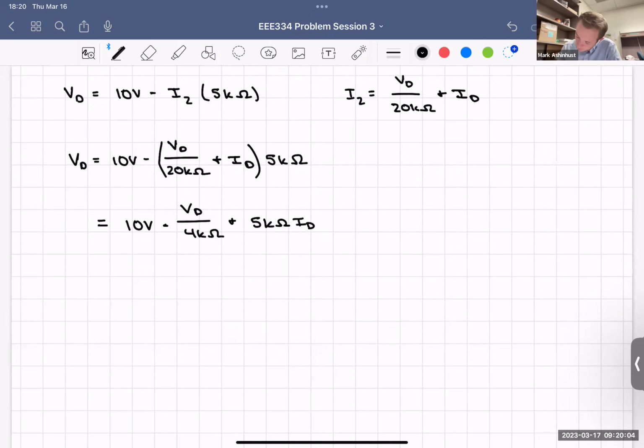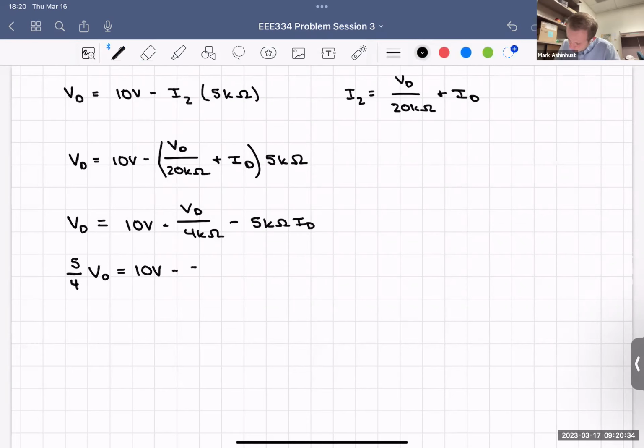Awesome. And now we can solve for VD. You can choose what you want to do. I will just add the VD over 4K over, and we'll end up getting 5 over 4 VD equals 10 volts. Make sure you bring over this negative over here.